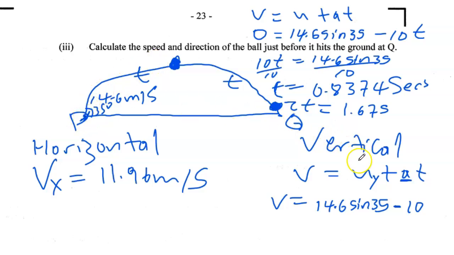So from P to Q, we're using the formula V equal U plus AT. So V, the final velocity, equals the initial vertical component of the speed, minus 10 times the total time, that's 1.675.